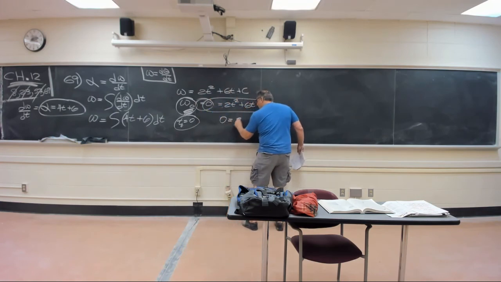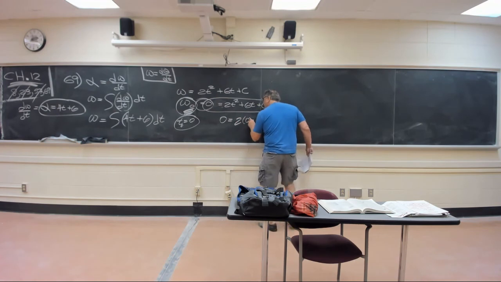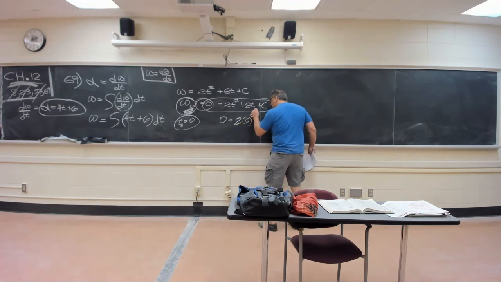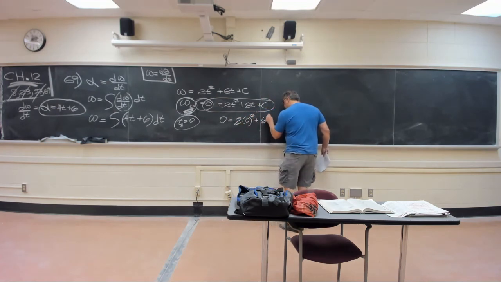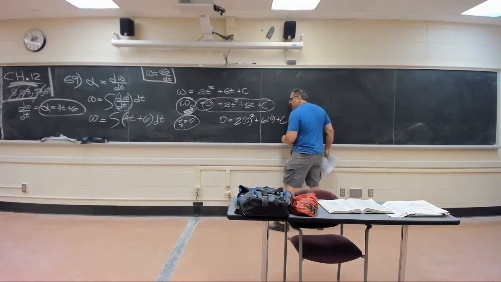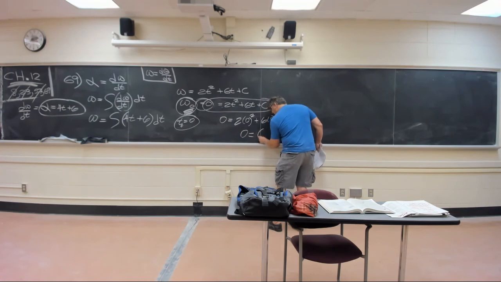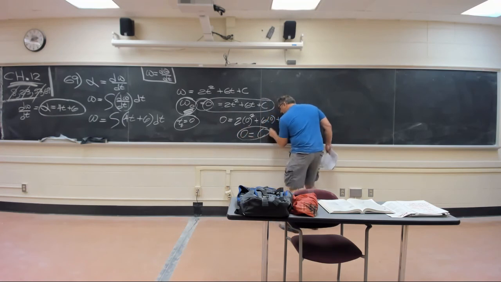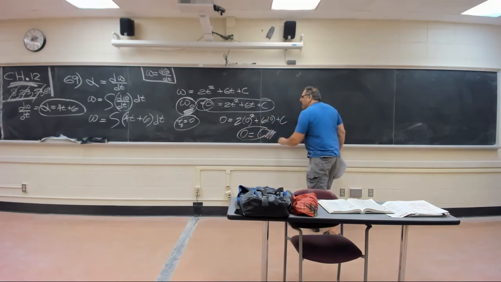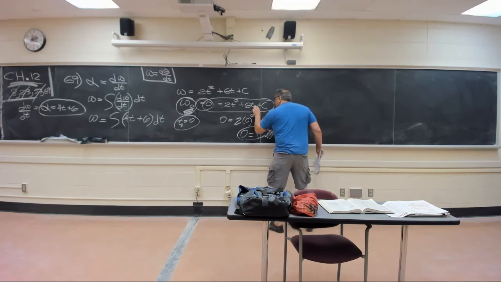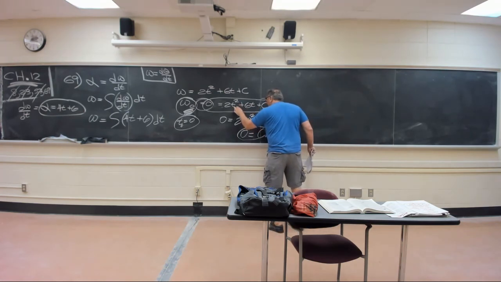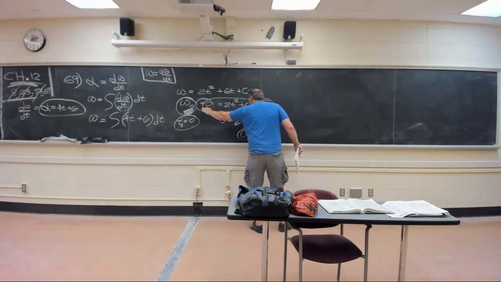So what you got here is this: 2t squared plus 6t plus c equals 0. That's all 0, so c equals 0. We lucked out: if t is 0 and omega is 0, c has got to be 0 if that whole thing's got to be 0.